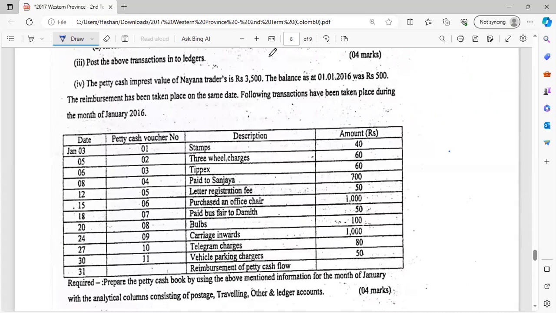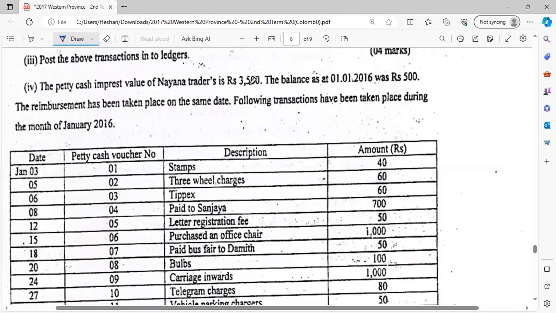The reimbursement has taken place on the same date. The following transactions took place during January. The petty cash imprest is 3,500, the balance on January 1st was 500, and on January 1st we should reimburse the petty cash by 3,000.